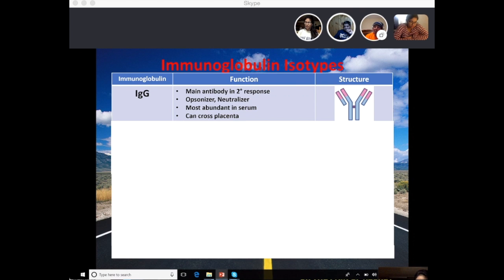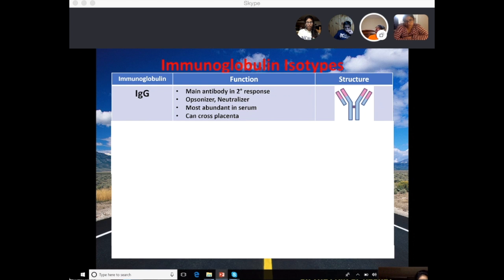It's one of the C3 components. Yes, C3b. Okay, so IgG is seen here in the structure as a monomer, so it can only bind to antigens. So how about IgA? Any things from IgA you guys are thinking?